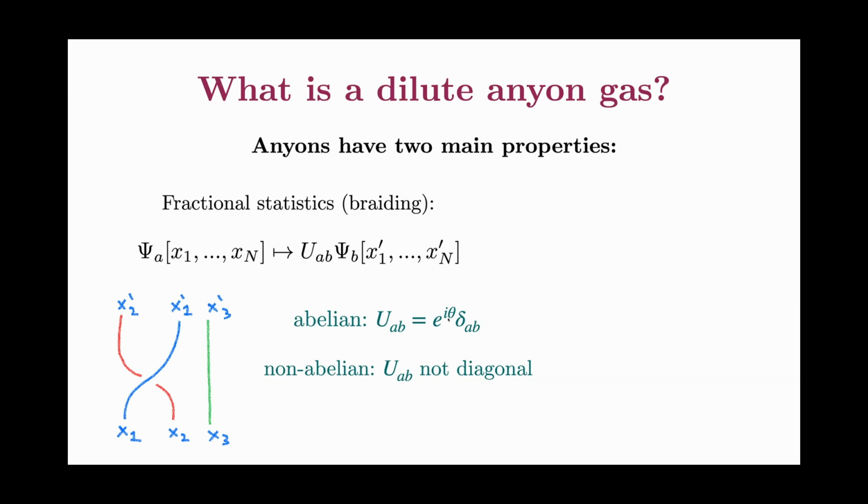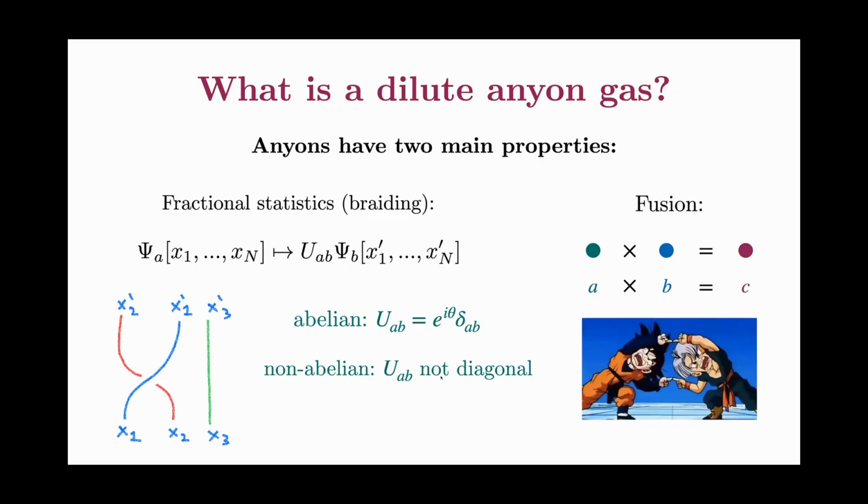So fermions are pi, bosons are 0. And for what we term non-abelian anyons, which were discussed a little bit in several talks that we've seen so far, this matrix U can be somewhat more complicated, and these wave functions under exchange can transform in some degenerate space.